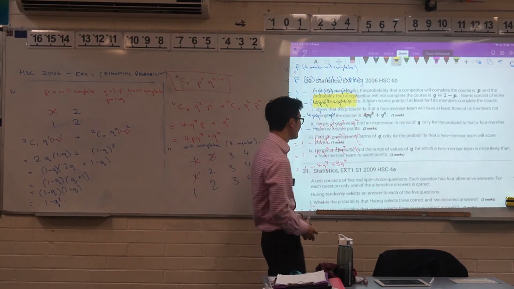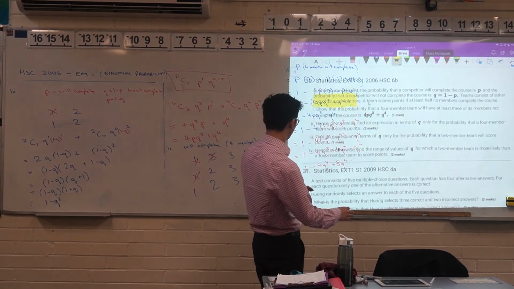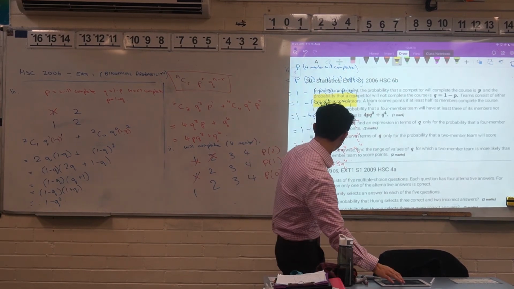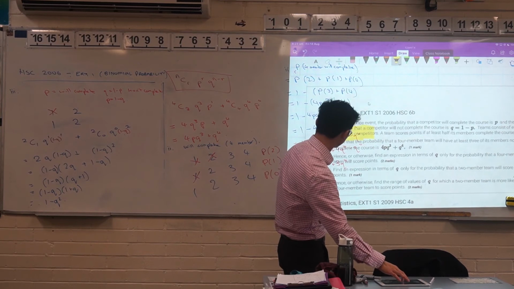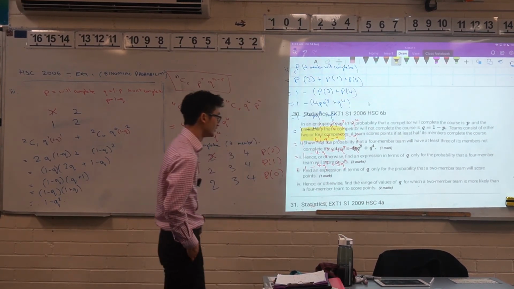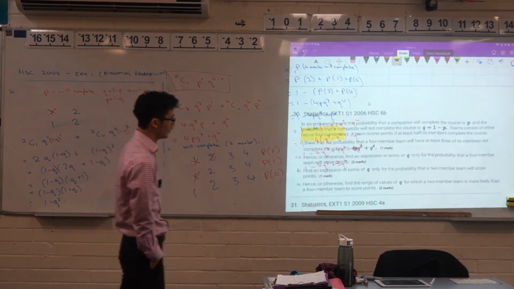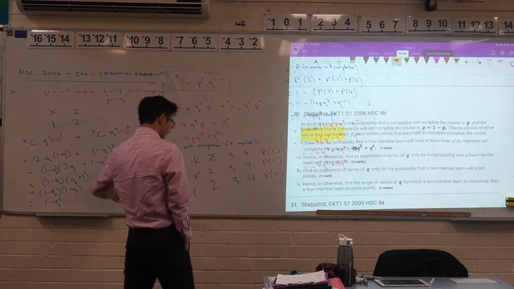Now, at this point in time, I've got all this writing here, let's just realize what the last question is. So I'll scroll down a little bit. So last one, hence or otherwise, find the range of values for Q which a two-member team is more likely to score than a four-member team. So when you think about more likely, what have we been doing? We've been finding these expressions for probability. Like I just got this one.